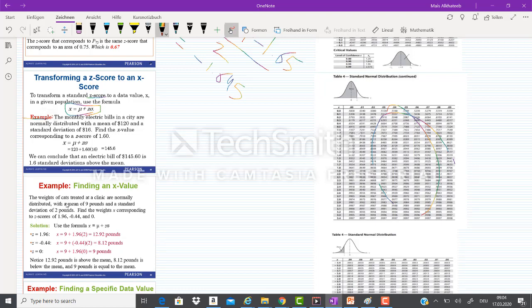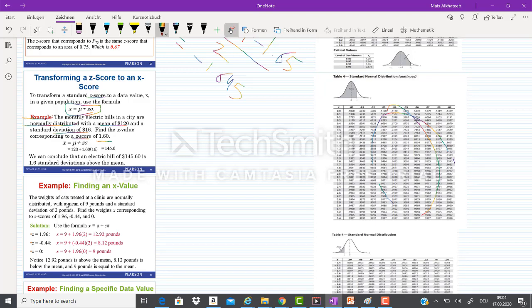The monthly electric bills in the city are normally distributed with a mean of 120 and a standard deviation of 60. Find the X score for Z of 1.06.